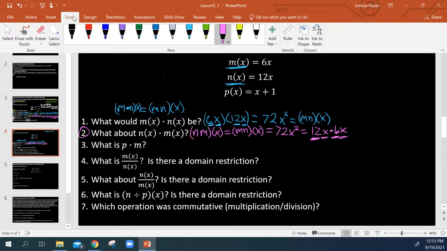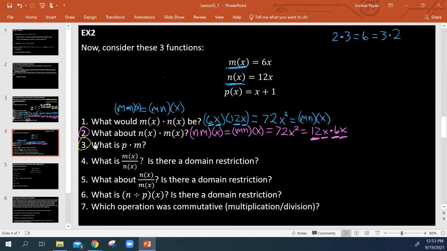Okay, so now p times m. p of x is x plus 1, times m of x, 6 times x, or 6x. This might look a little bit confusing, but if I just reconfigure it, because of the commutative property, I can say that this is really 6x times x plus 1, and we very plainly see that all we need to do is distribute the 6x into the parentheses.